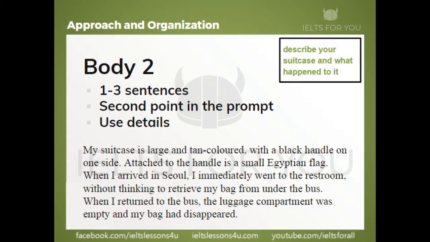So we've used 3 sentences here to describe what happened. Notice also in the prompt we have a description, so we're going to use some adjectives to describe an object, and what happened to it. That is the past tense. So we're going to focus on using our kind of storytelling ability in this paragraph.